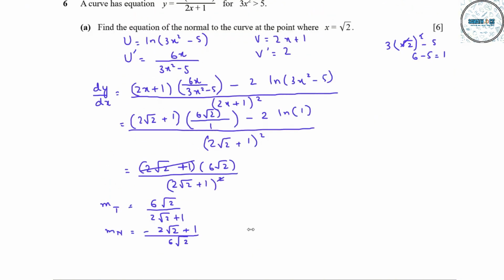To form the equation of the normal, we must have the gradient and coordinates. For coordinates, we have x = √2. We need to find y.